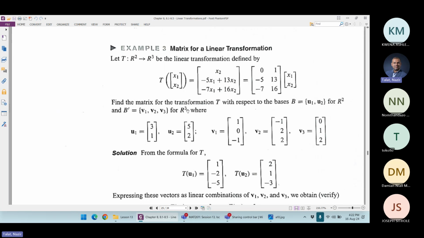Now find the matrix of the transformation T with respect to the basis B, u1 and u2, and B star, which is the basis set of R3, v1, v2 and v3, where u1, u2 as well as v1, v2, v3 are given. Now, to find the matrix of the transformation T with respect to the basis B, what we need to do is just plug the entries of the basis into the map T. If we put 3 and 1 over here, we can get its images. And similarly, if we put 5 and 2, then we get 2, 1 and minus 3.